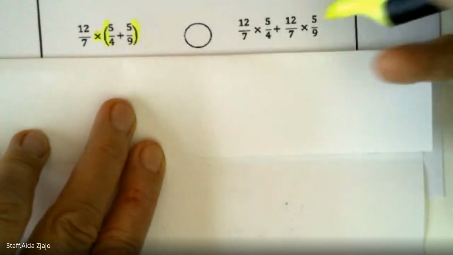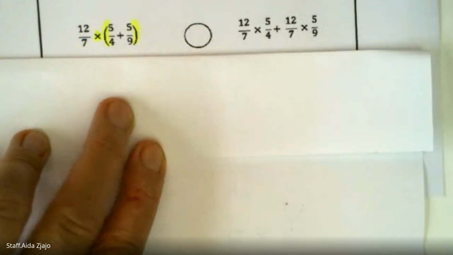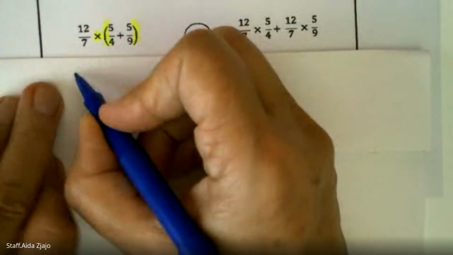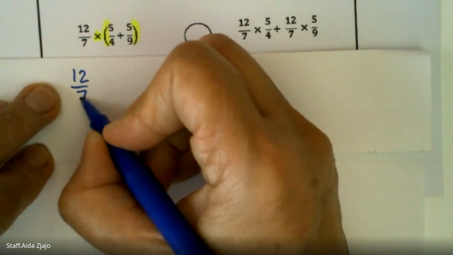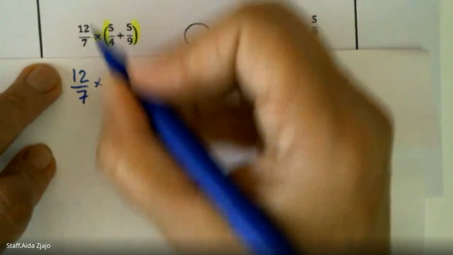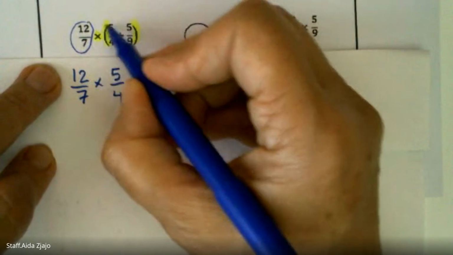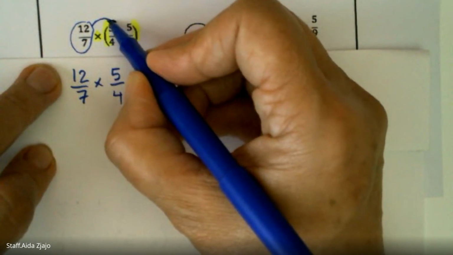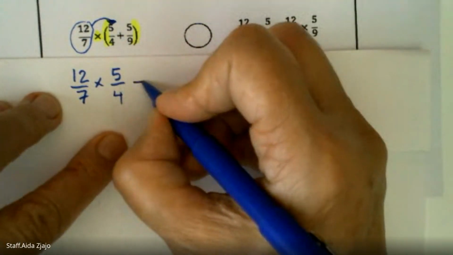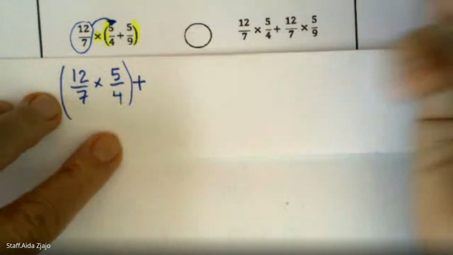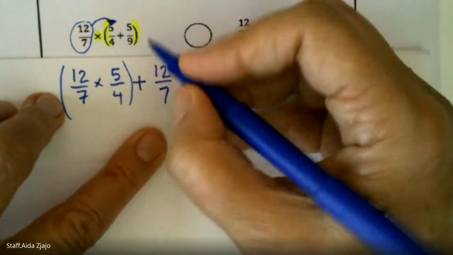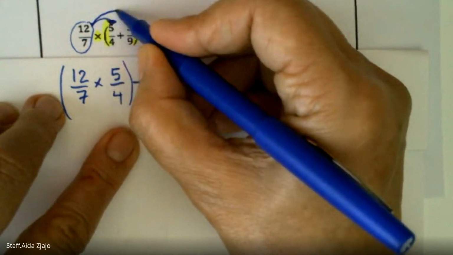This is actually this, because when you look at 12/7 times 5/4, you're going to multiply this factor with the 5/4 in parentheses, and then you're going to add to it, you can put parentheses, 12/7 times 5/9.